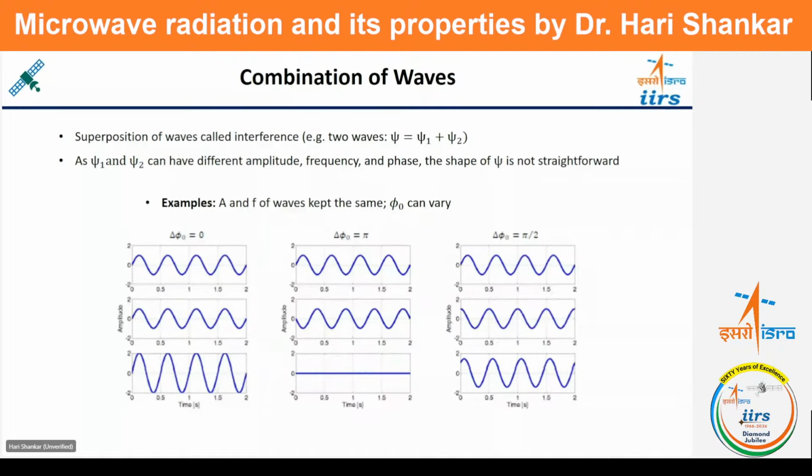Whatever the phase difference between the signals is, that will decide the strength of the final signal. So there are a number of types of interference between constructive and destructive interference.